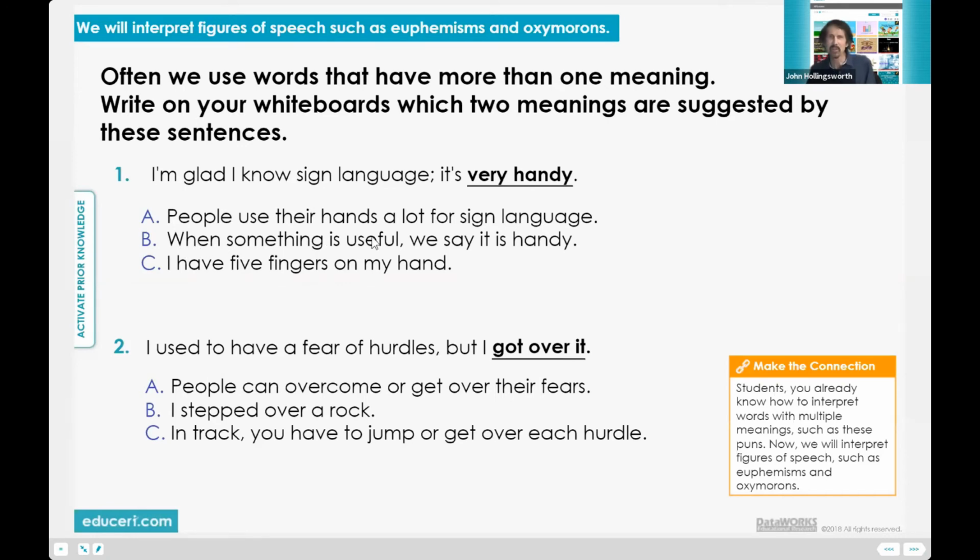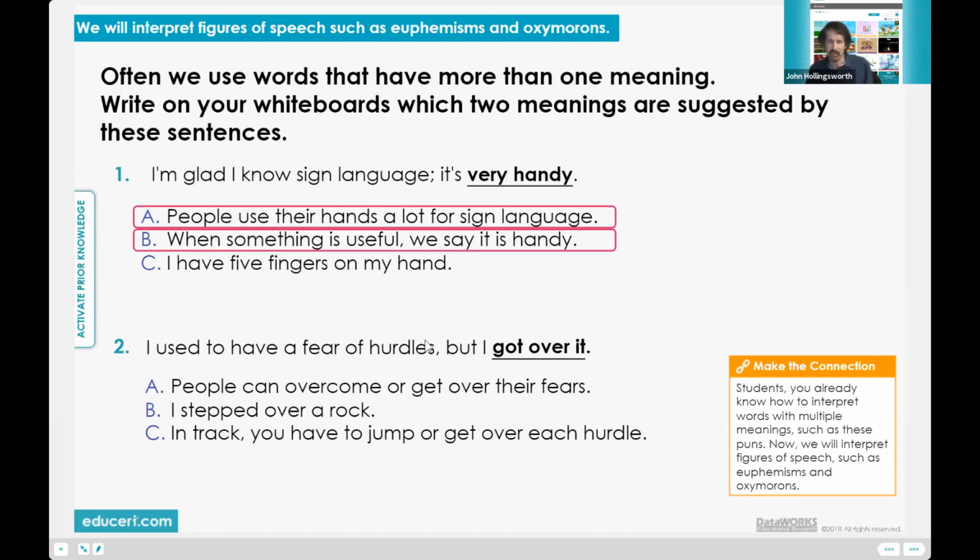When something is useful, we say it's handy. That's a second meaning. It's very handy to have my cups nearby. So those really, I think, are the two meanings in this sentence. People use their hands for sign language, and people use their hands when you say something is handy. That could be wordplay or a second use. So those are our two meanings for very handy.